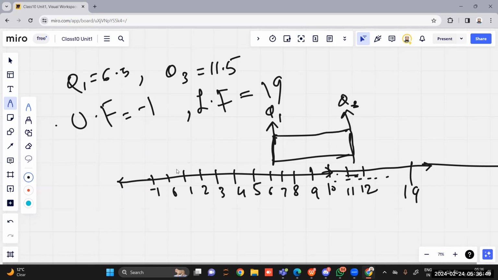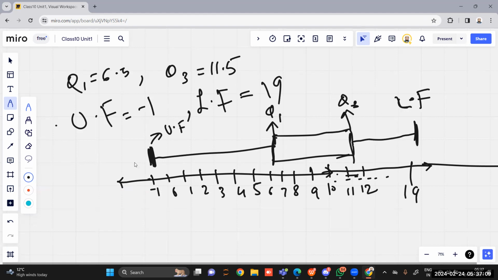The box has a line on the left side also. This end of this line is called the upper fence, and there's a line on the right also, which is called the lower fence. Shouldn't it be opposite?